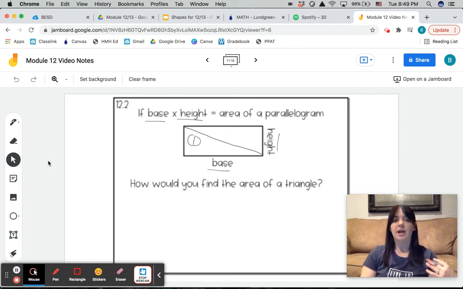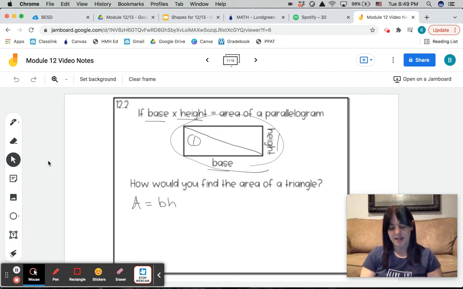Well, if the area of a parallelogram is the base times the height, that gives us the area of the entire thing, but I only want the triangle. Well, if the triangles that I created are both identical to each other, what we can do is then take the base and the height and divide it all by 2. Because what I want is half of the area of a parallelogram.